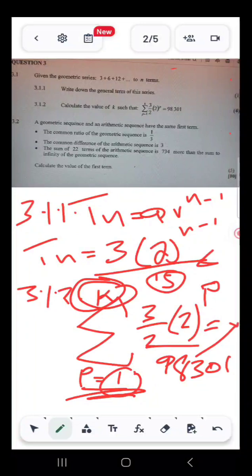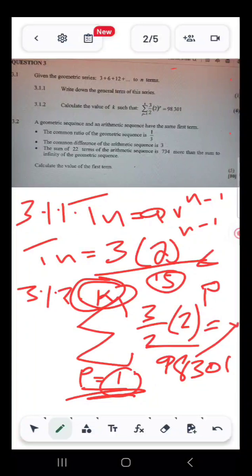The sum of 22 terms of the arithmetic sequence is 734 more than the sum to infinity of the geometric sequence.